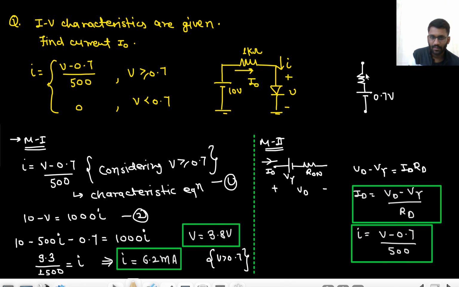That is 500. This is 10 volt, 1 kilo ohm, this is 500 and this battery is 0.7.